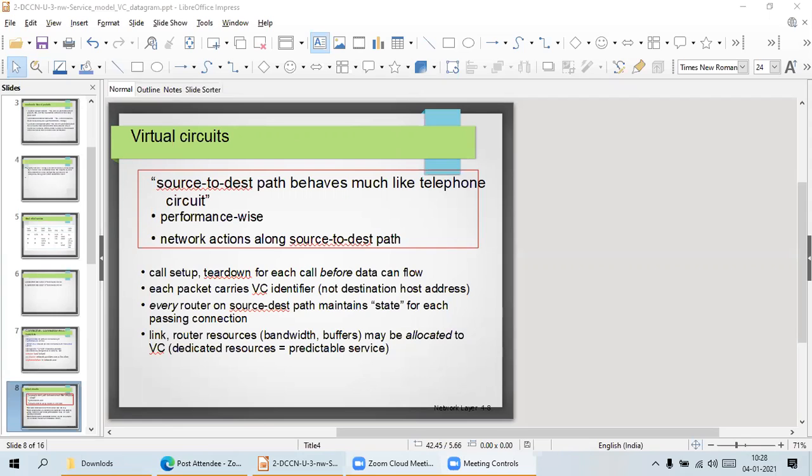And how much buffer space? There may be a lag between the sender and receiver, so whenever I am transferring, there should be some buffer space. These resources will be allocated beforehand while you are creating the VC, the virtual circuit network.